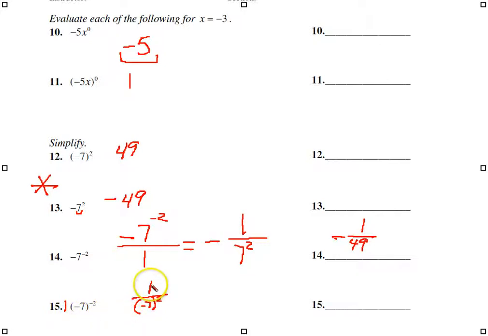But now we have to indicate there's something in the numerator. The -7 goes down to the denominator. The sign of the exponent changes. This now becomes 1 over 49. Because you're squaring a -7.